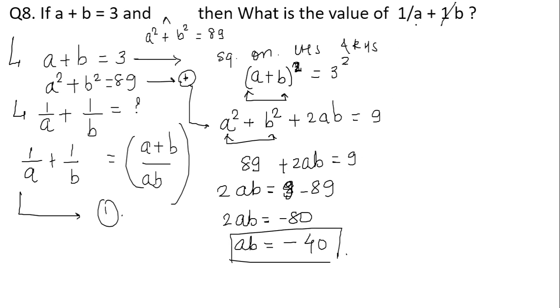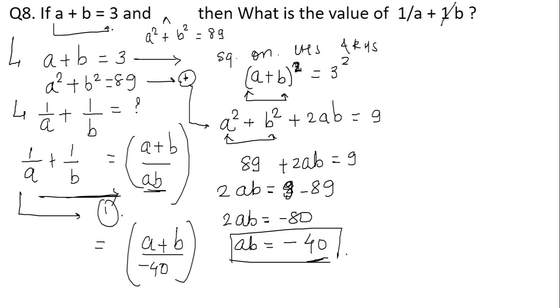What value do we have to find here? We have to find the value of 1 upon a plus 1 upon b. So 1 upon a plus 1 upon b can be written as a plus b upon ab. The value of ab is what we have found out right now, that is minus 40, and we know the value of a plus b. What is the value of a plus b mentioned in the question? That is 3.